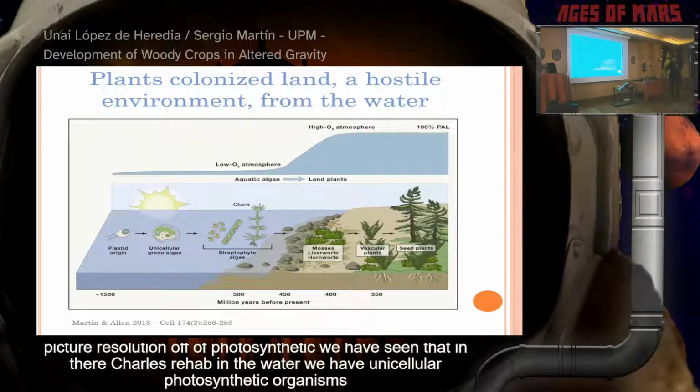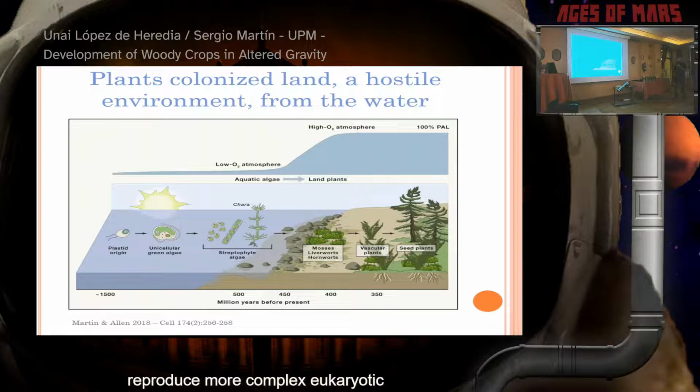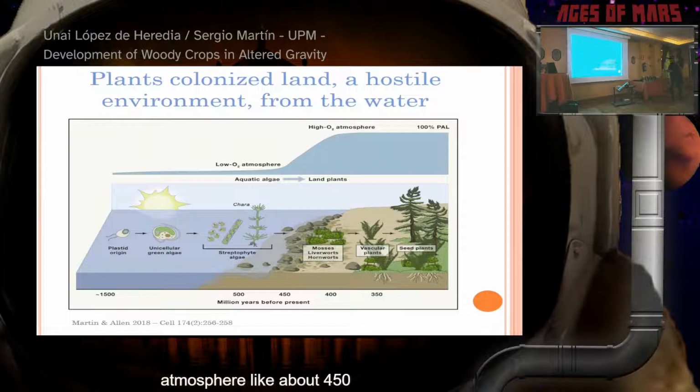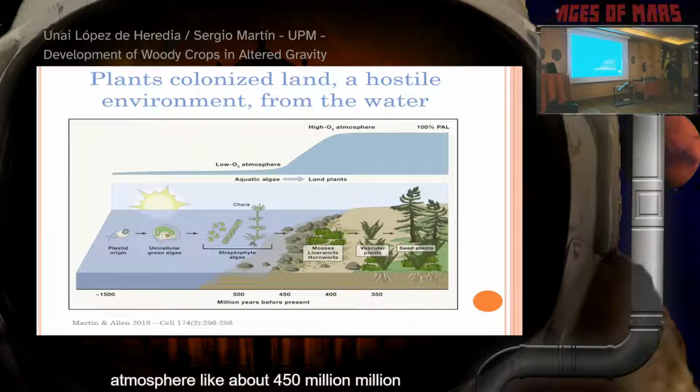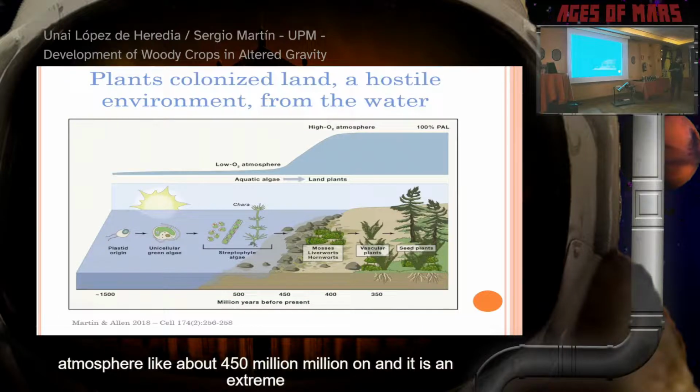This then evolved to produce more complex eukaryotic pluricellular algae that started doing photosynthesis, changing the atmosphere on Earth, and about 450 million years before present, they jumped to the Earth, which was and is an extremely hostile environment for a plant.